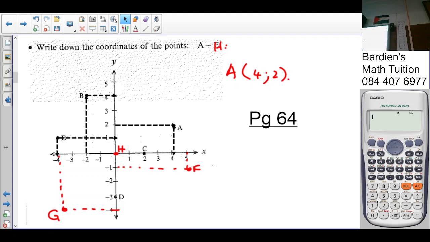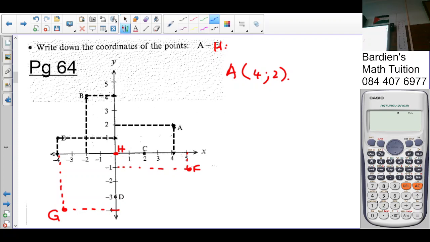Alright. Here we go. Okay, settle down. B. What's your x on B? Negative 2. And your y is? Oh, nice. C. Here's C. What's your x value? 2. Your y value? 0.